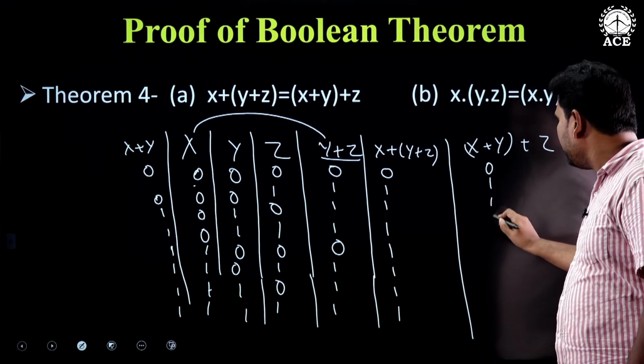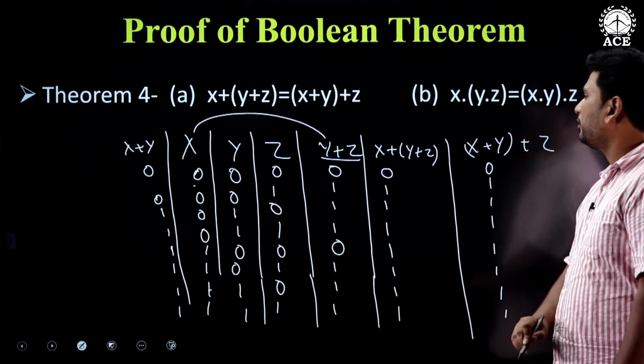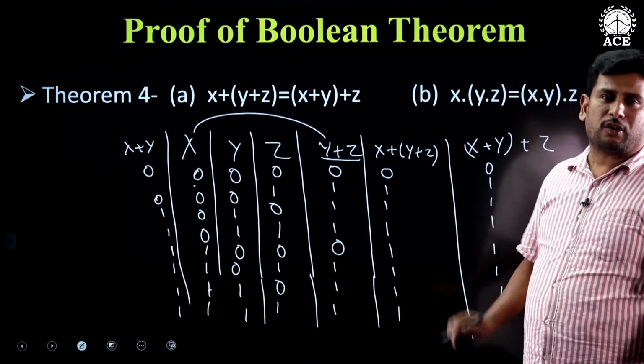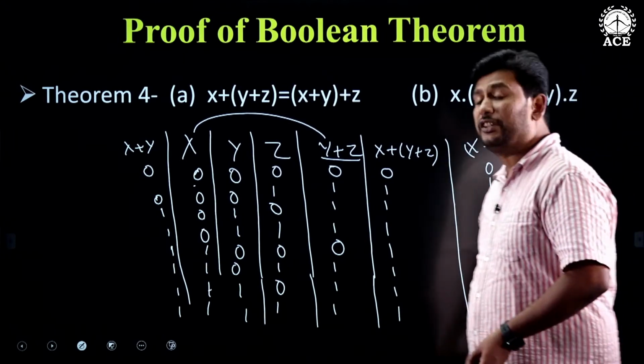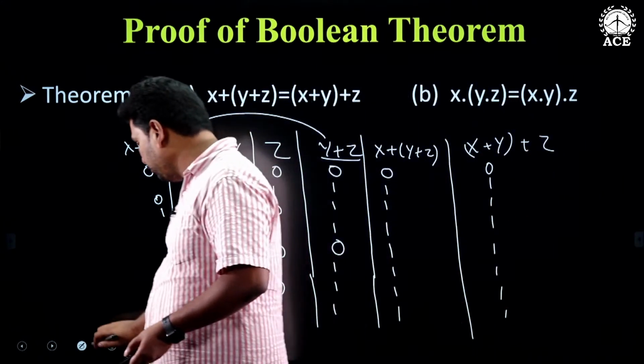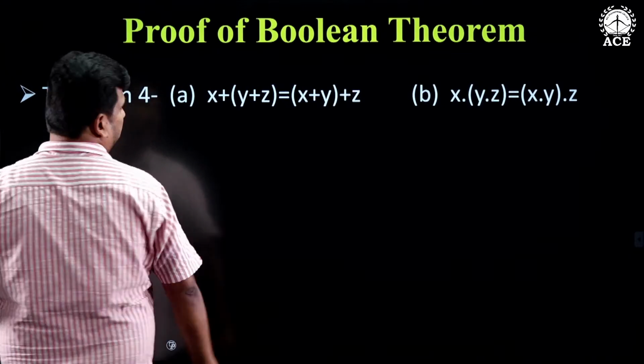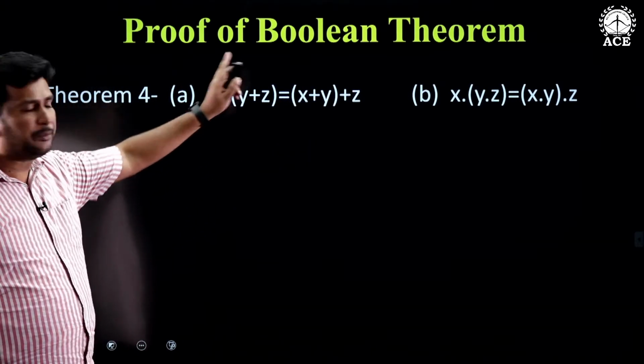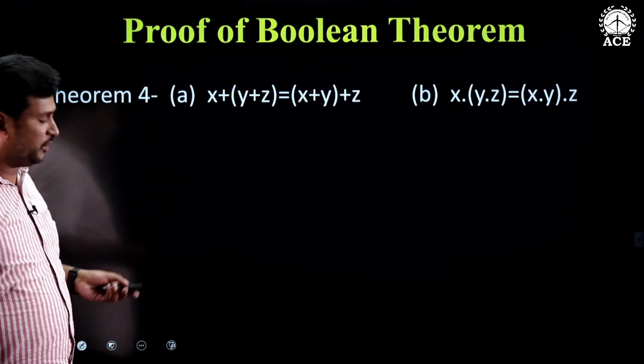So we can say that x OR y, OR with z, is equal to x OR y OR with z. This is your associative property. Now same with the next one, which is a dual expression: OR becomes AND and you are going to get your respective things.